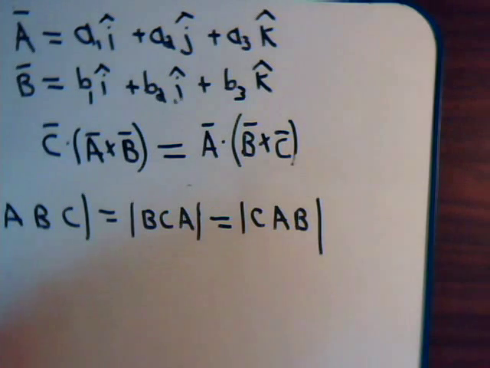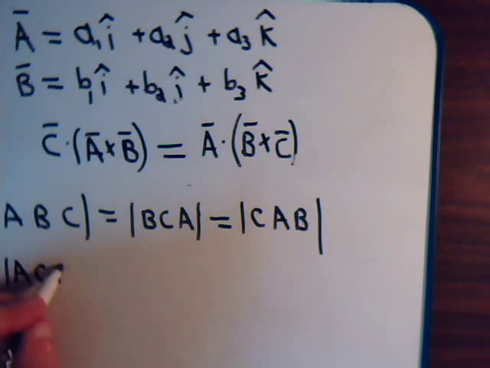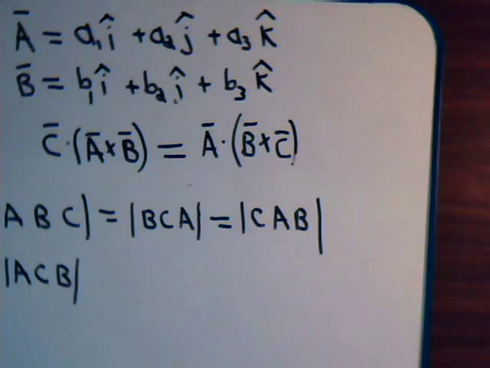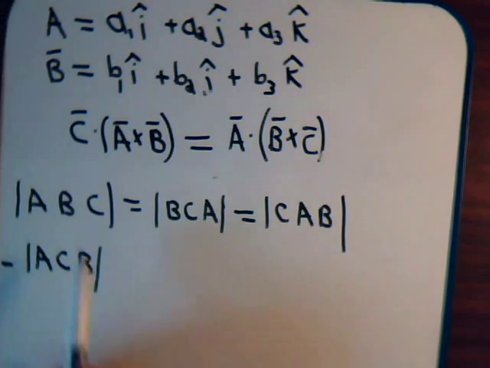And likewise, this would equal minus A, C, B. We shuffled the letters one time, which means that we'd be changing one row in a determinant, which changes the sign of the determinant.